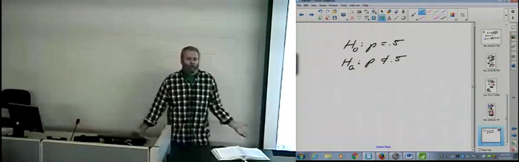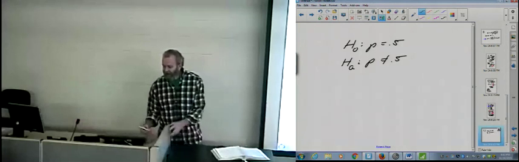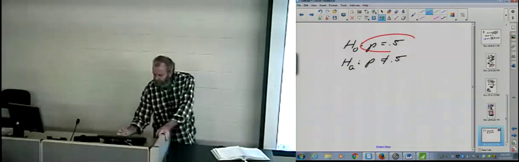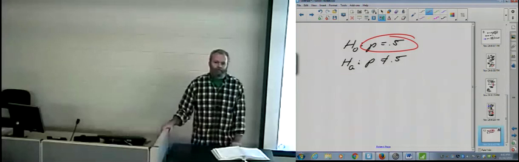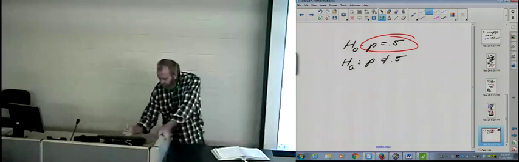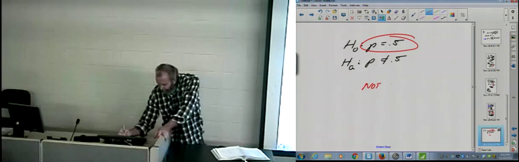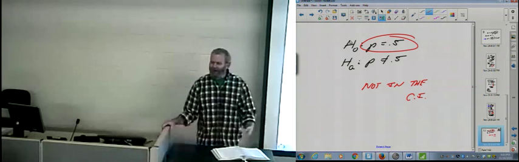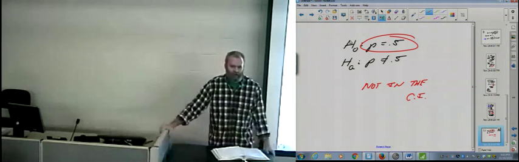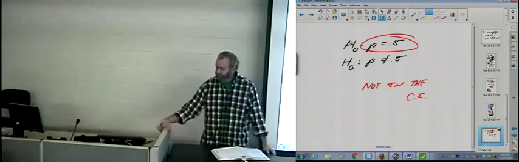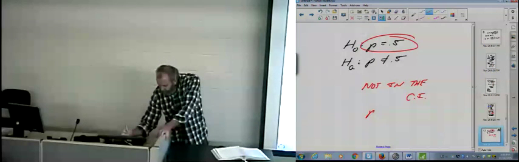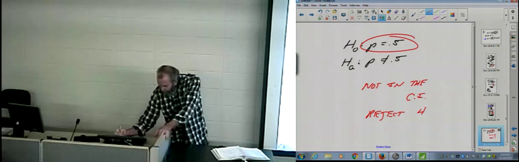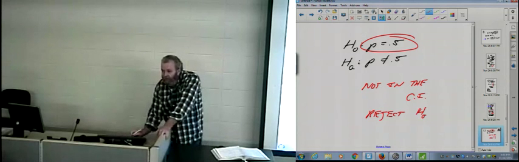So my question is, what are we going to do here? You see that value? Is it in the confidence interval or not? 0.5 is not between 0.585 and 0.653. It's not in there. What do you want to do? Yeah?